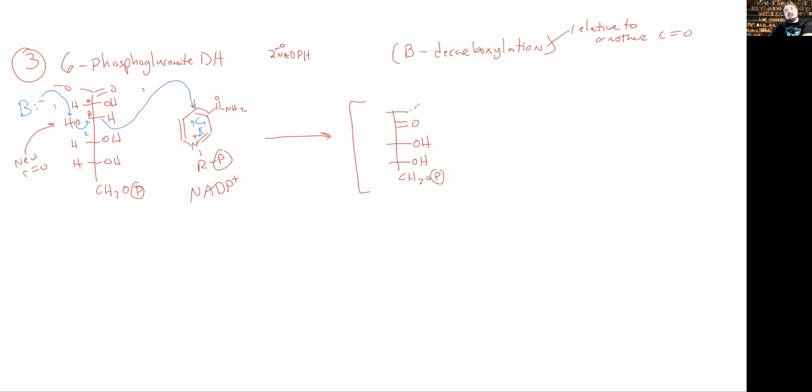And I say transient because this is not going to last for very long. As soon as we have this beta carbonyl formed from the NADP, of course, we're also going to have our NADPH. This is going to be a spontaneous process of decarboxylation, okay? And so because we have this acceptor at the beta position relative to the carboxyl group, we are going to be doing an elimination here.